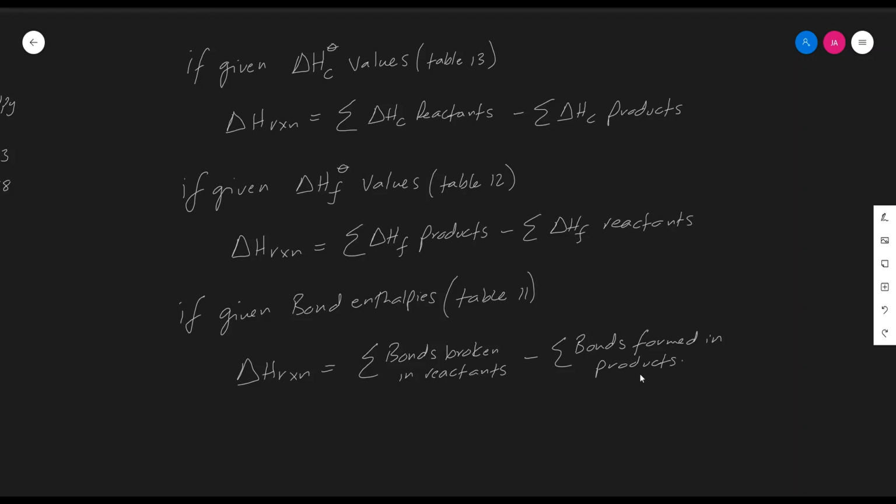And the third part of that question would ask you why those two values differ, and your answer would always be in terms of bond enthalpies being average bond enthalpies, which are averaged over several similar compounds, and thus would produce somewhat inaccurate results. Thus, the enthalpy changes of reactions calculated using experimentally determined values such as enthalpy change of combustion and formation values are always more reliable and more accurate than those determined using bond enthalpies.